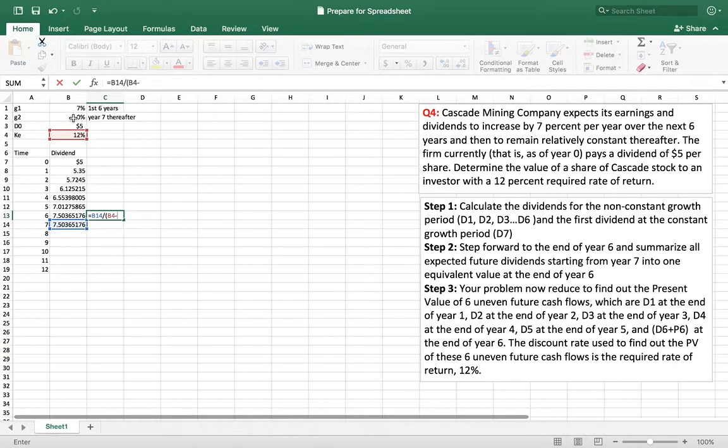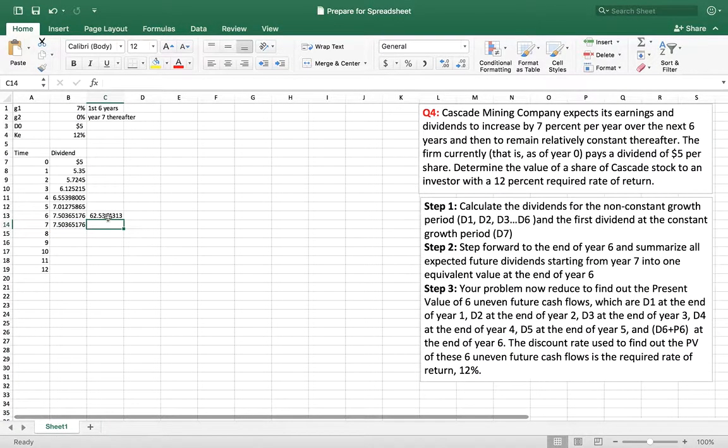So I click on cell B2, followed by the closing parentheses. The formula is completed, so I press enter to build the formula in cell C13.